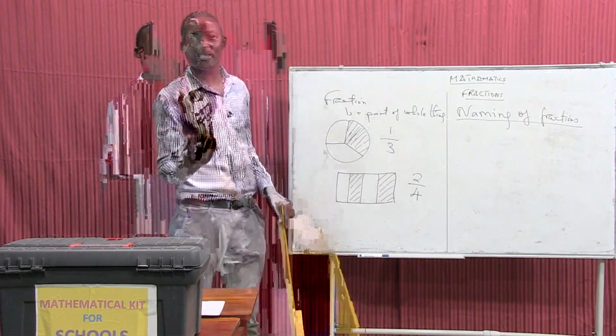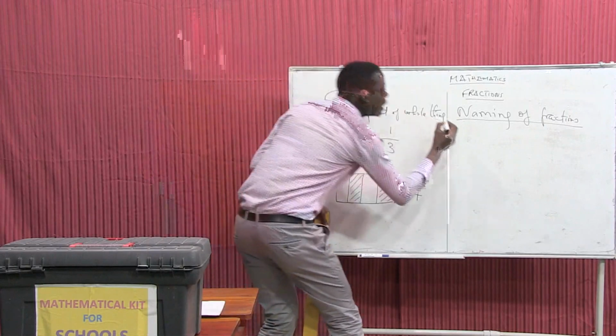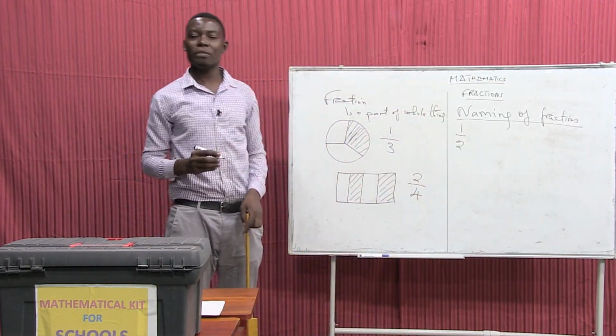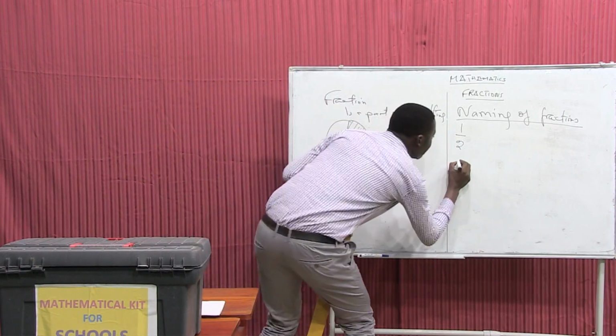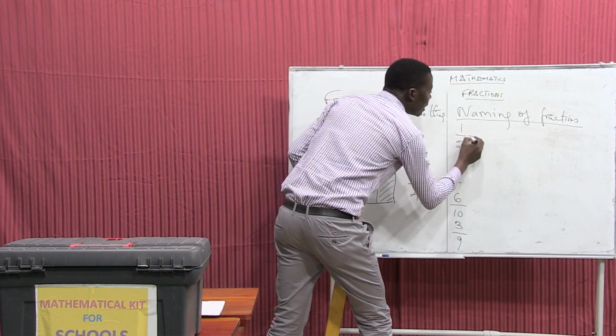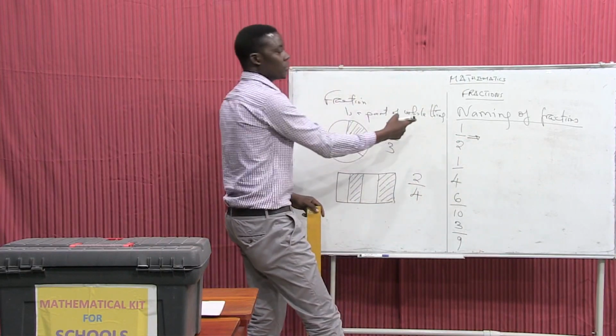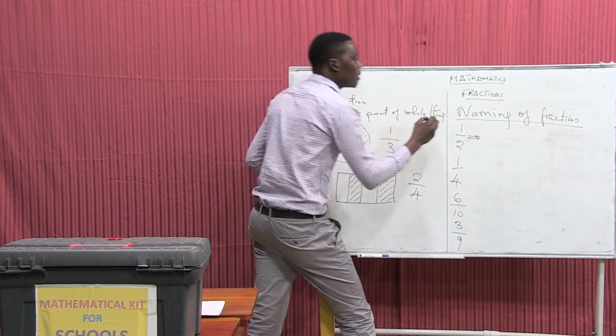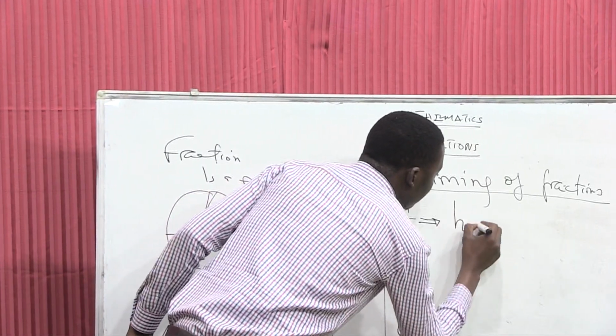How do you read fractions? For example, you are given 1 out of 2. We say that what is taken out is a half. So 1 over 2, in reading this in words, we say a half.